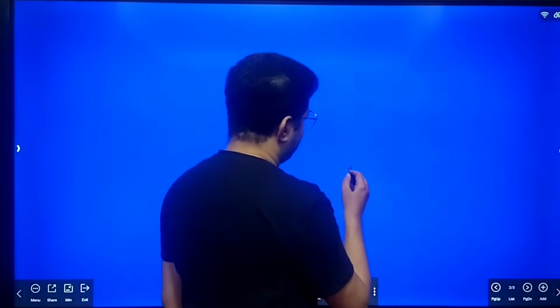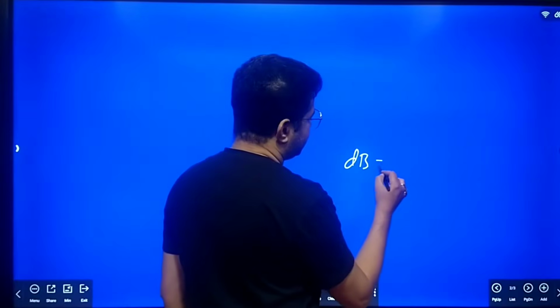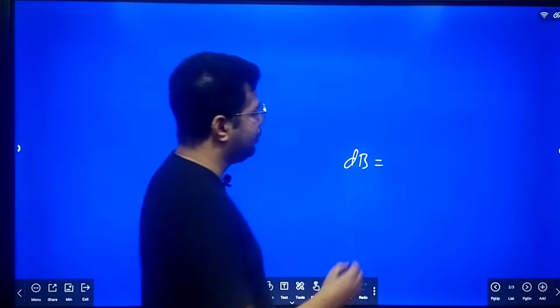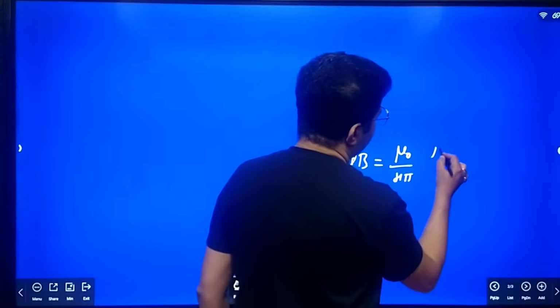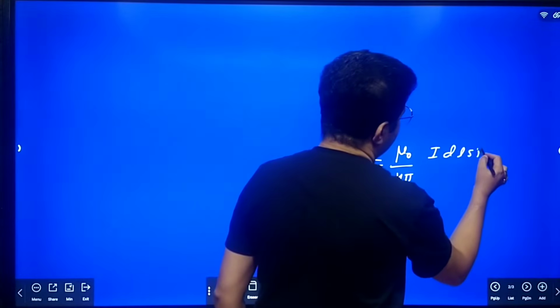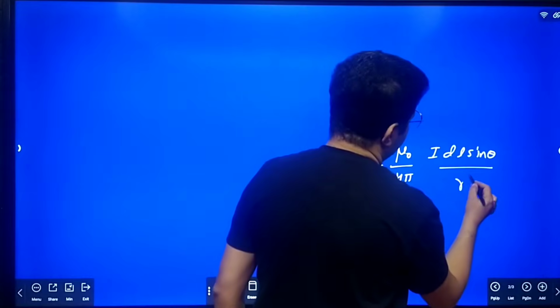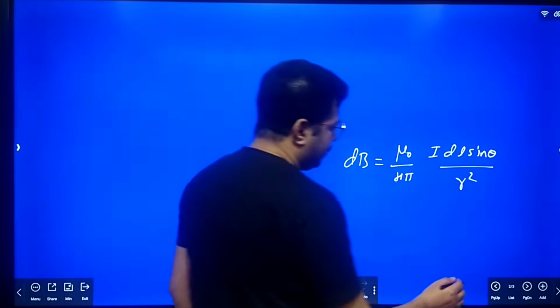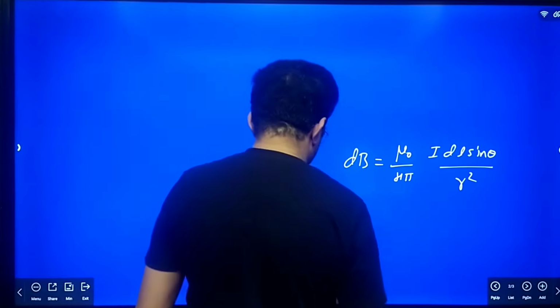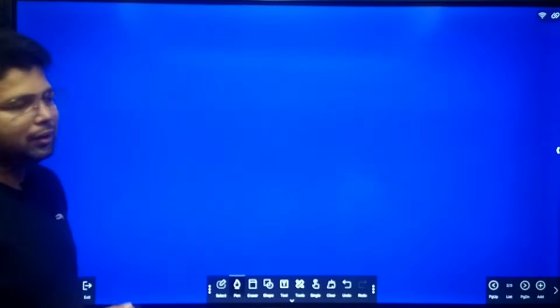According to Biot-Savart's law, the magnetic field produced due to a current carrying conductor is equal to mu naught by 4 pi into I dl sin theta divided by r square. So using this law, we have to derive the magnetic field due to a circular conductor carrying current.